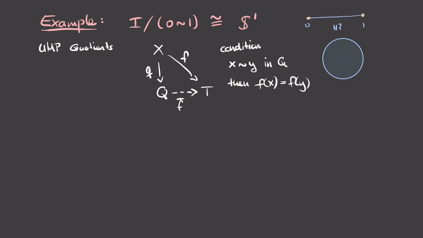And this condition prohibits there from being 2 distinct points in X which become identified in Q that have different values under F, and well, this we saw before was the obstruction to having F descend.